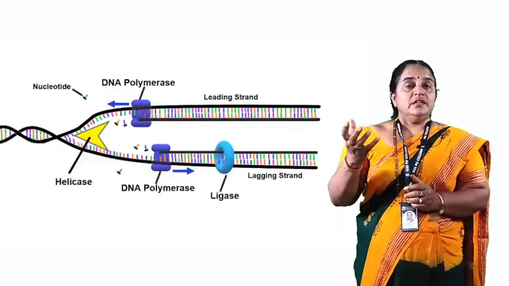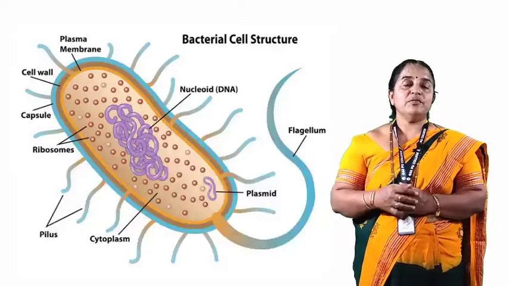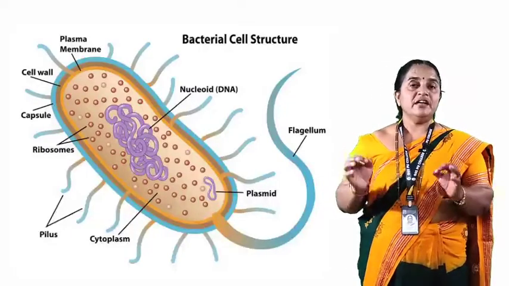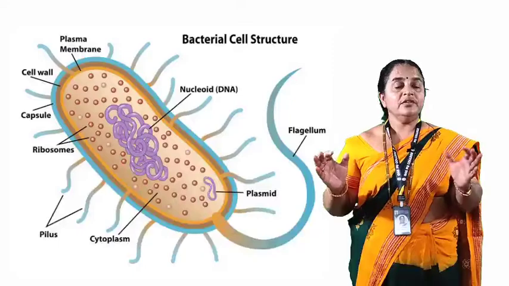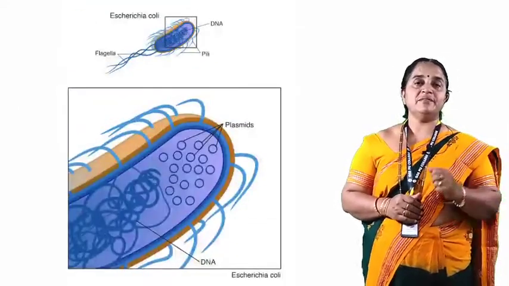Now, when we select the cloning vector, it is an extrachromosomal, self-replicating, double-stranded DNA molecule usually occurring in prokaryotic cells. We call them plasmids.